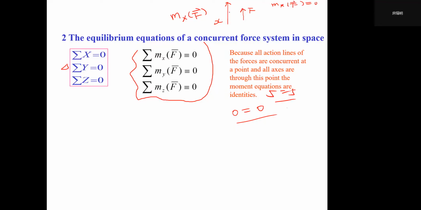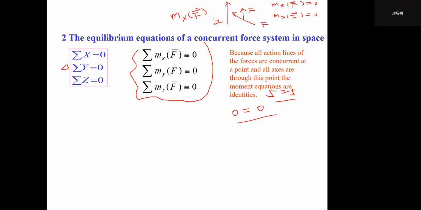Another case is if the action line of F crosses this axis, then this time Mx(F) also equals 0. Why? Because we can find the result from the definition of the moment of a force to an axis.